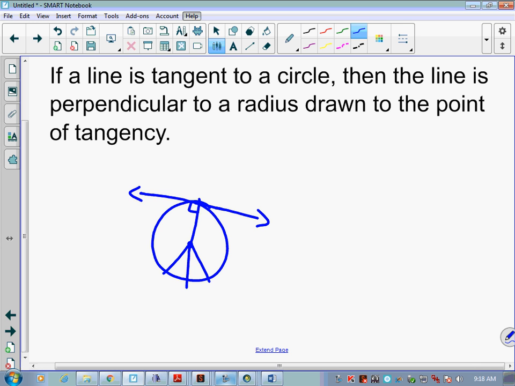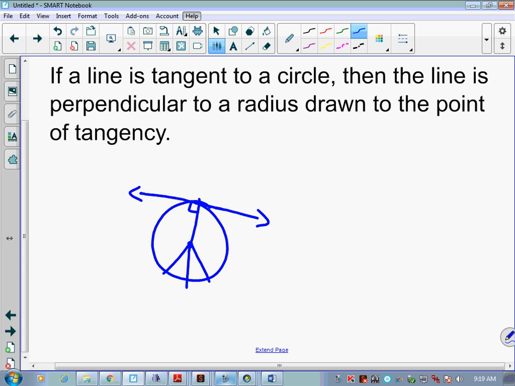Because the tangent line only intersects the circle at one point, the one radius that connects to it will meet it at a right angle. Let me read it again: if a line is tangent to a circle, then the line is perpendicular to a radius drawn to the point of tangency.